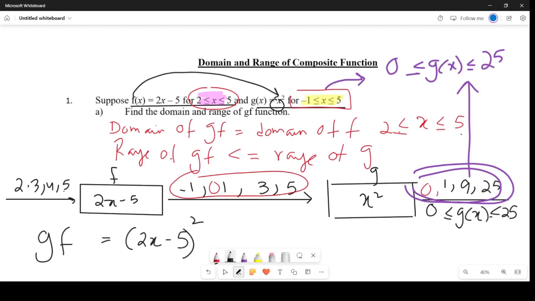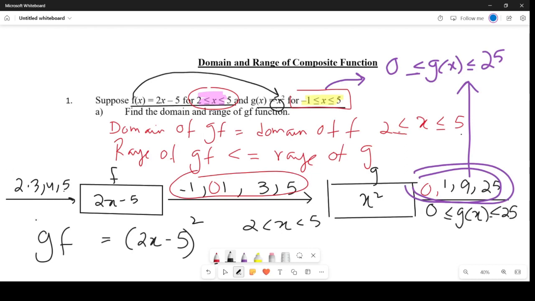Now we know its input: the input is 2 to 5 because the domain is the same as the domain of f. If the input is 2 to 5, what's going to be the output? When we substitute 2 instead of x, what do we get? 1.